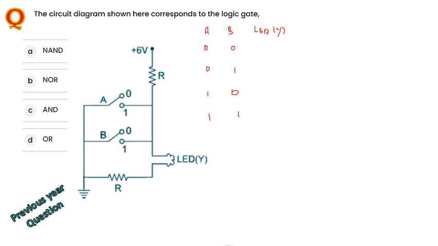To understand this better, I will tell you. First case, 0 and 0. That means both the switches are off, both switches off, that is open. So if it is open, according to this, the LED, that is the light emitting diode. This is a diode, remember this. In this case, high potential is given here, and this side here is low potential.